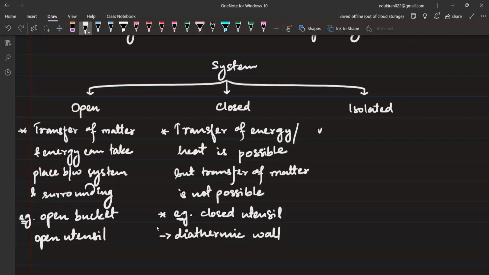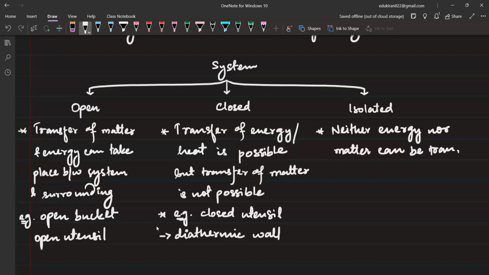Now in isolated system what would happen? Neither energy nor matter can be transferred. Neither matter nor energy can be transferred. ठीक है.